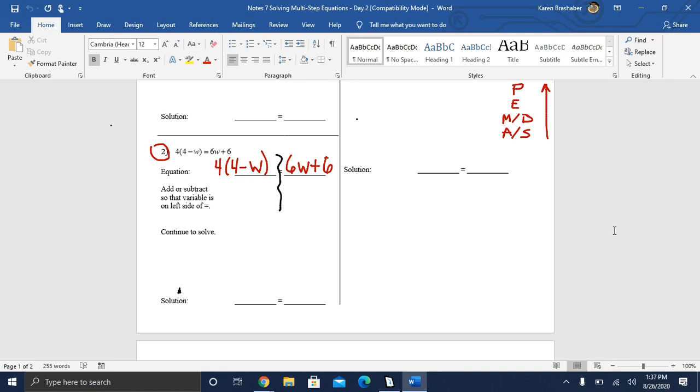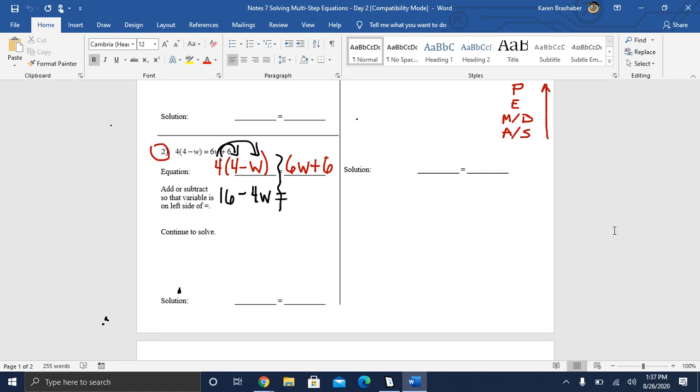Well, I can simplify by removing that parentheses, doing the distributive property. So I can take 4 times 4, and that would give me 16. Then 4 times negative w, and so that would be a negative 4w. And then I have my equal sign.